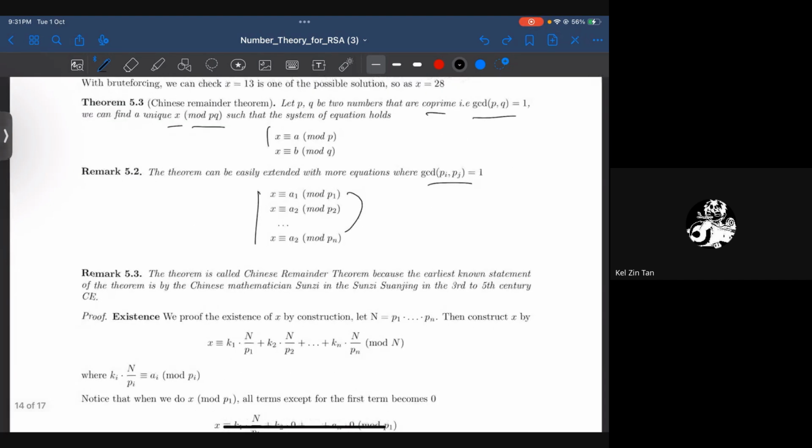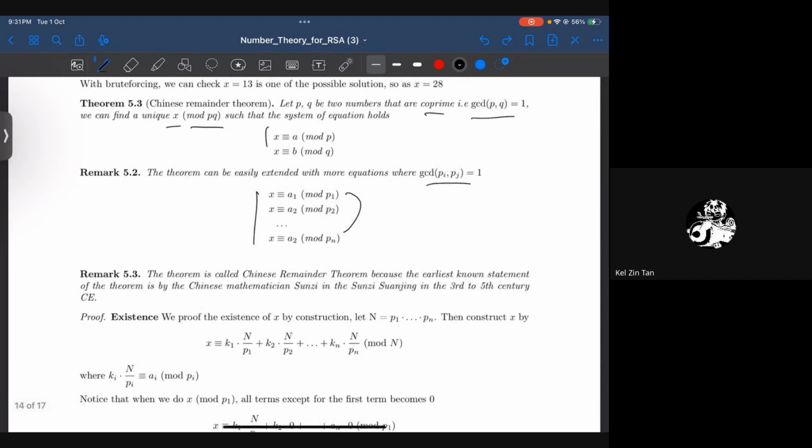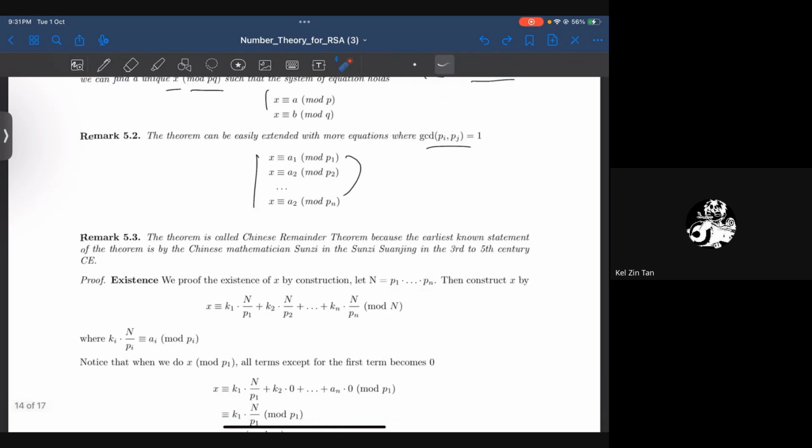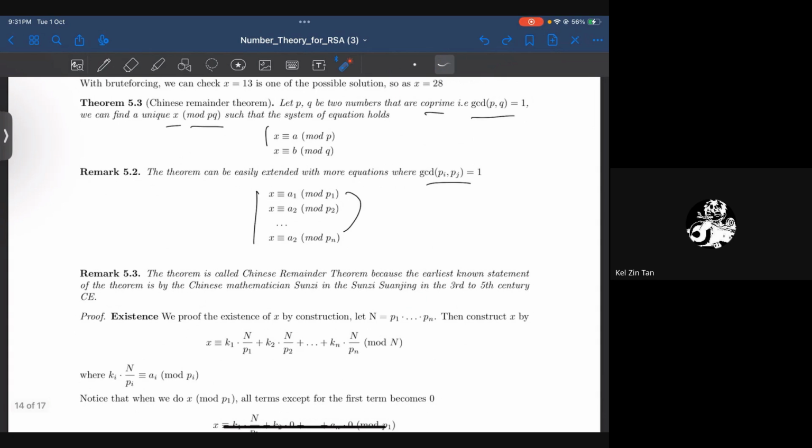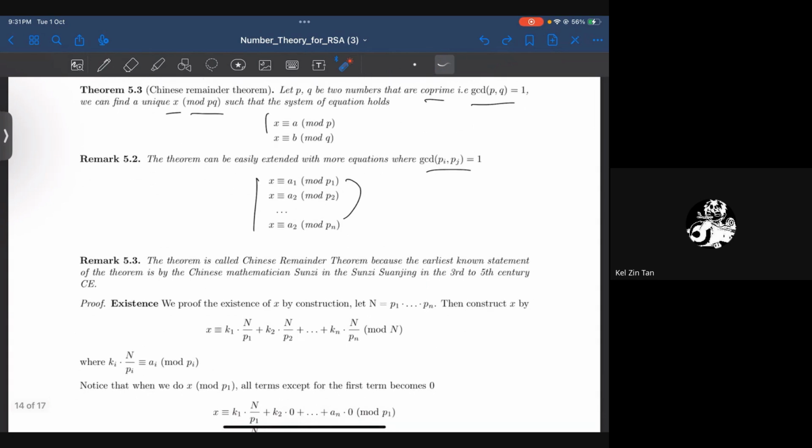The reason why this theorem is called the Chinese remainder theorem is that it is first known to be written down as a statement by Sun Tzu, in his book Sun Tzu Suan Jing. Basically, I think the history is that the army was trying to hide the number of people in the army with this kind of modular equation.